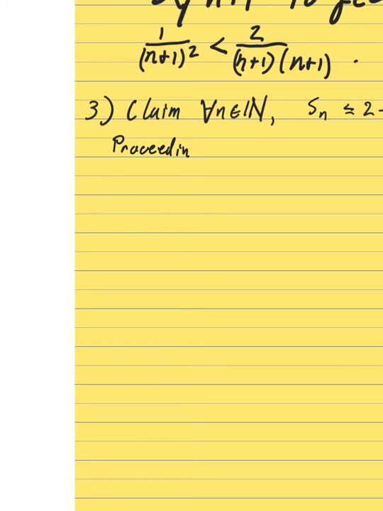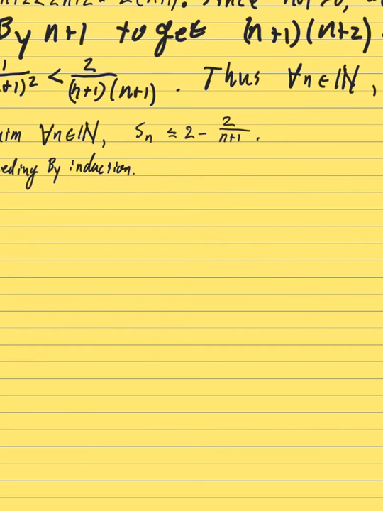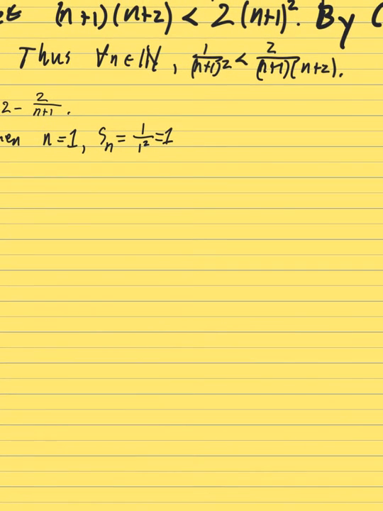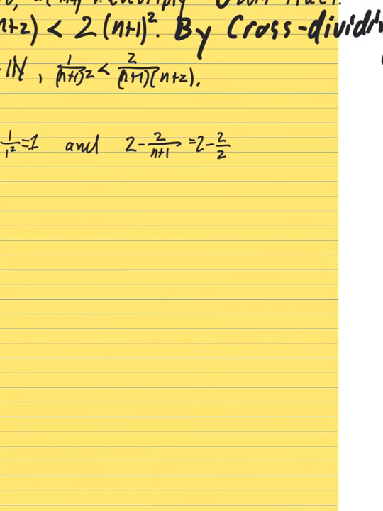Proceeding by induction. When n equals 1, s sub n is equal to 1 over 1 squared, which is equal to 1, and 2 minus 2 over n plus 1 is equal to 2 minus 2 over 2, which is 1.